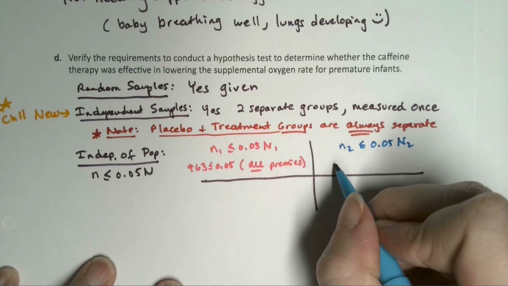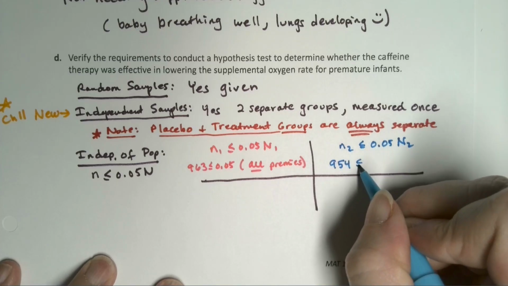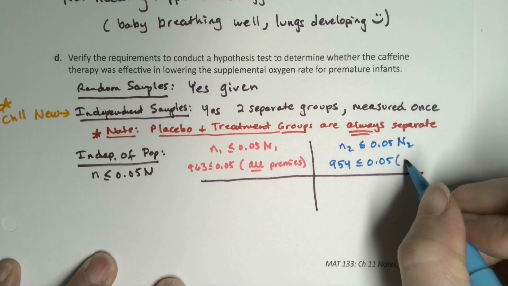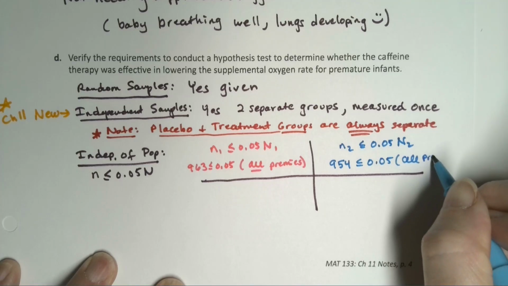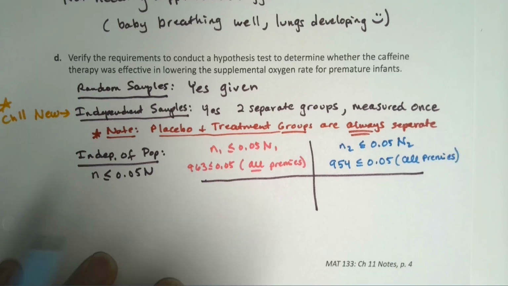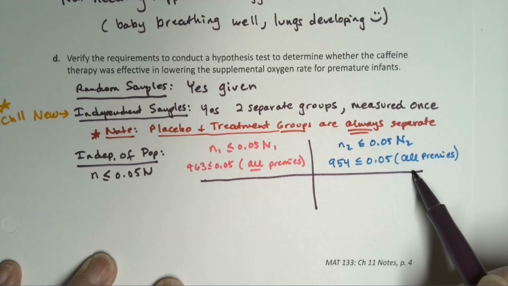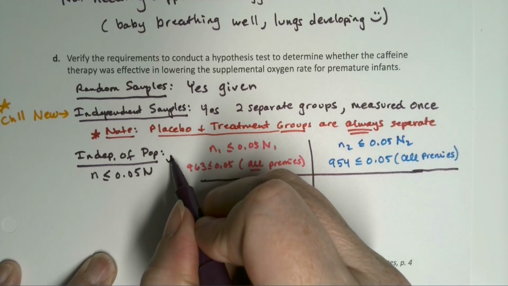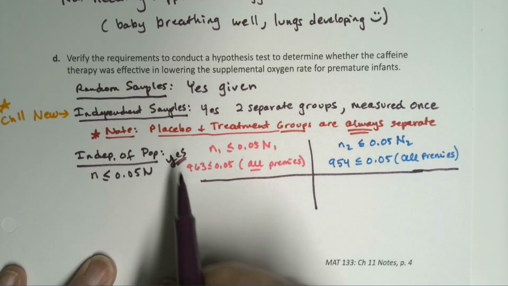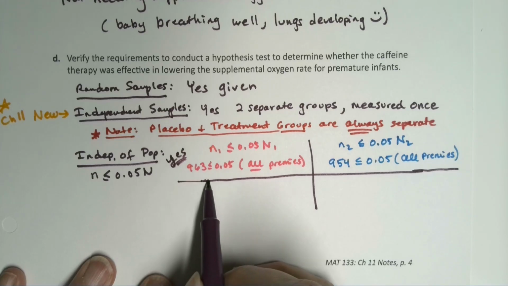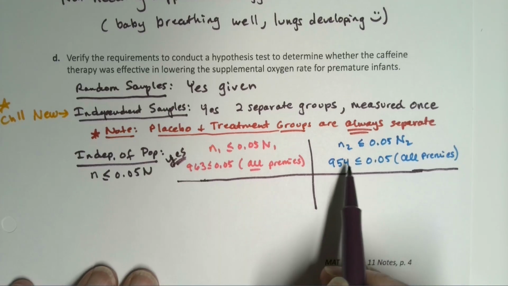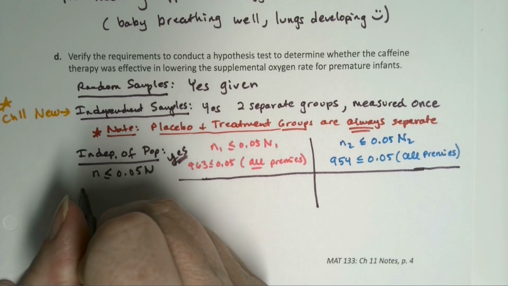Well, indeed, 954 is less than or equal to 0.05 of all preemies. So we've shown independent of population for both groups.